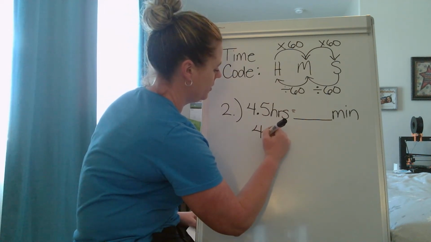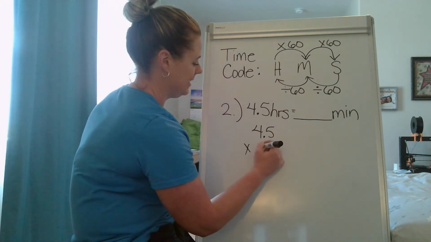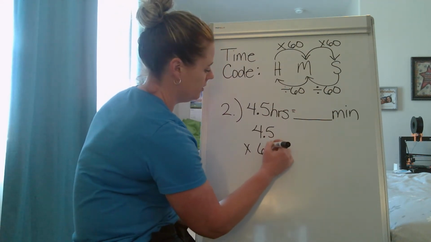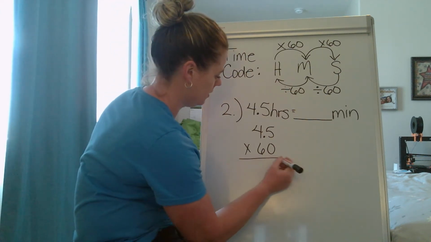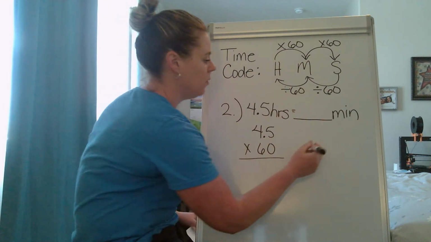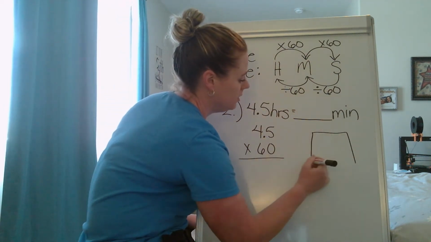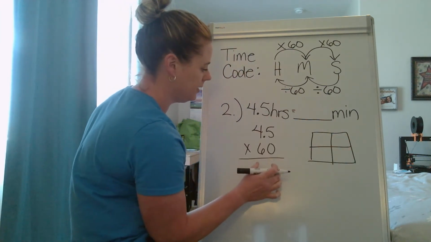4.5 times 60. Now, when you do this, you can do standard algorithm, or you could do area model if you don't totally understand this.